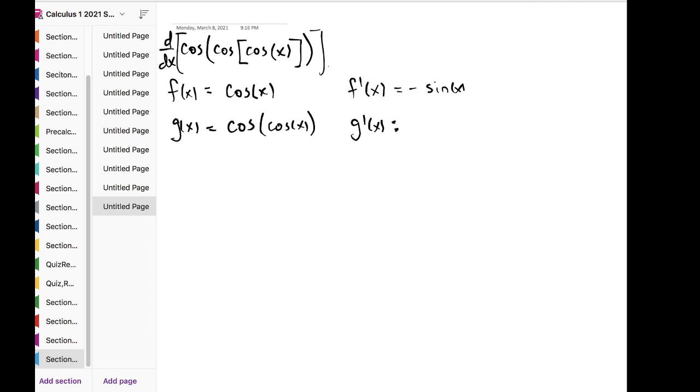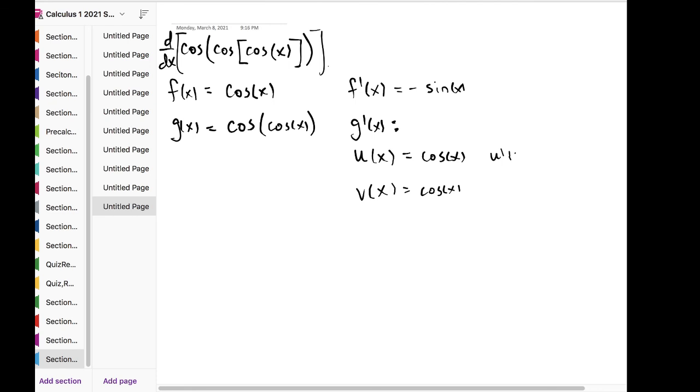Yeah, choose composite, and we have another chain rule going on. So u of x and v of x is cosine and cosine. u prime is negative sine, and v prime is negative sine.